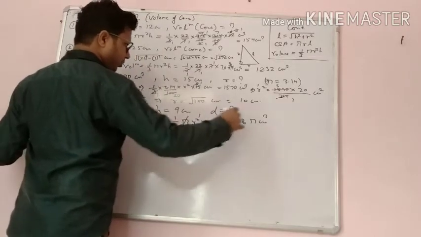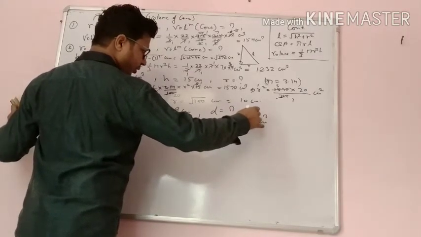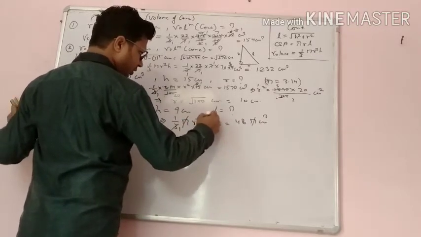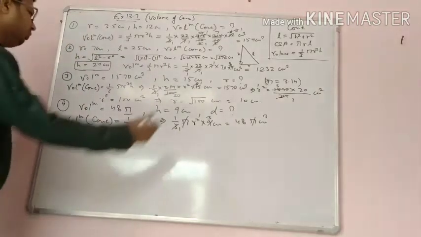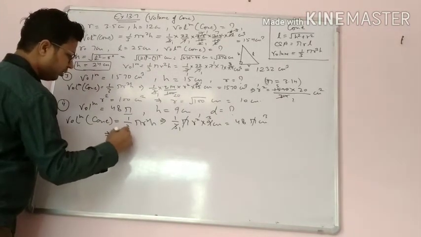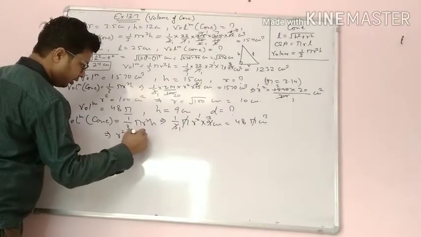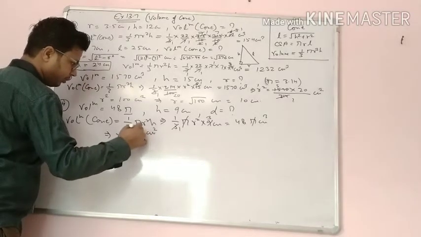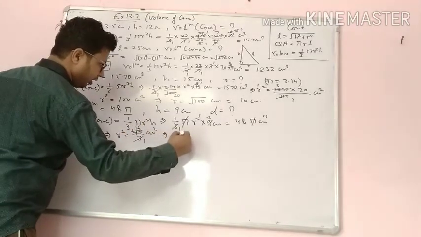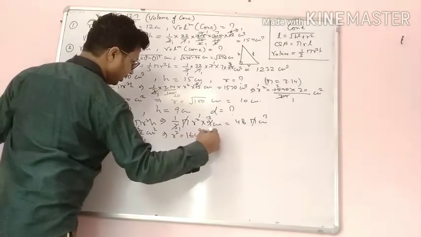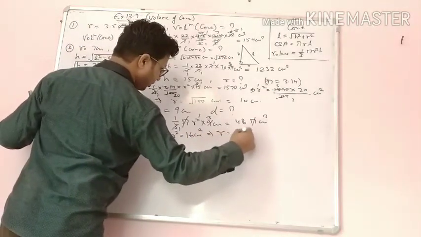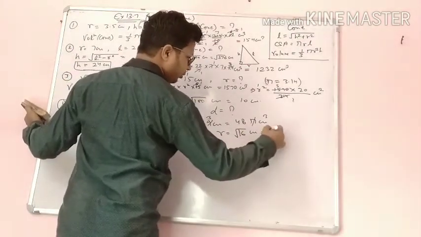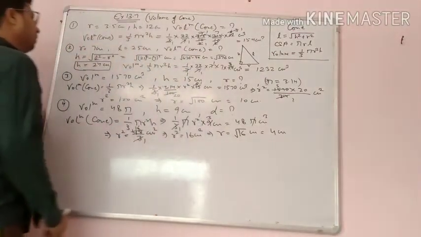If we cancel out, pi is cancelled here. 3 1 is 3, 3 3 is 9. So r square will become 48 upon 3 centimeter square. If you solve it, it becomes 16 centimeter square. r square equals 16 centimeter square and r equals square root of 16 centimeter, then it is equal to 4 centimeter.